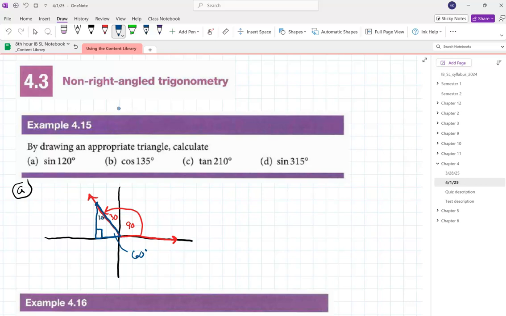So it is a 30, 60, 90 triangle. And I know the ratio of side lengths for a 30, 60, 90 triangle. So sine of 120 is just going to be the same thing as sine of 60.